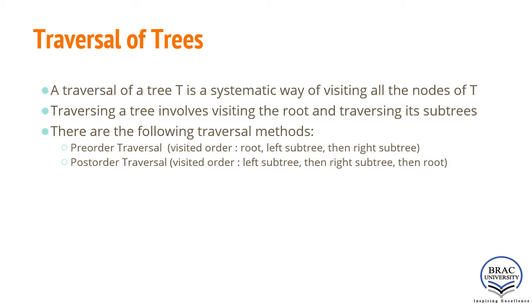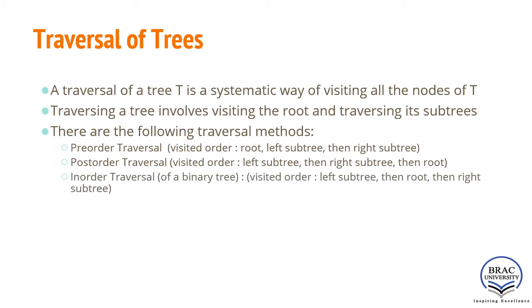Second one is post-order traversal. For post-order traversal, the visiting order is at first the left subtree, then the right subtree, and the root will be visited at the last. That is post-order traversal. So for post-order traversal, the order will be left, right, root. Then in-order traversal.